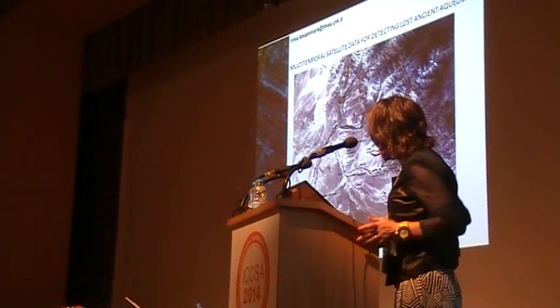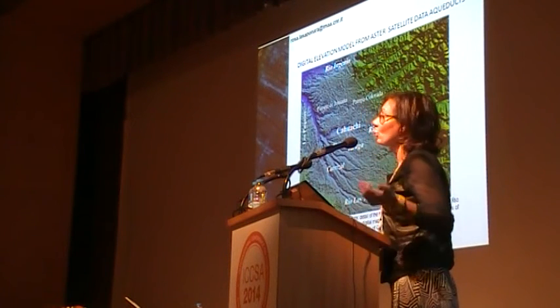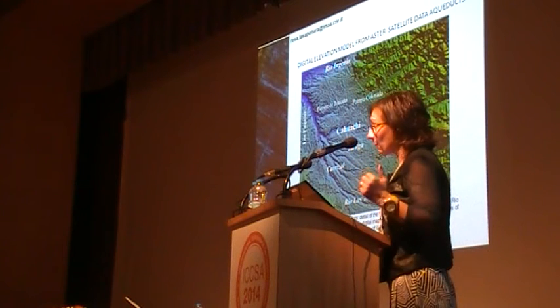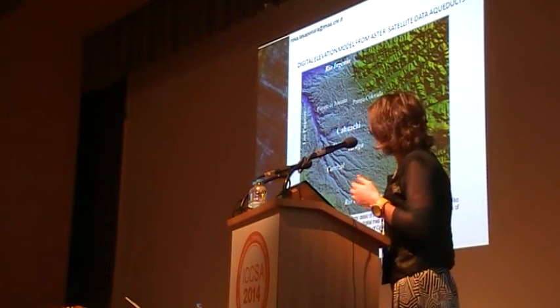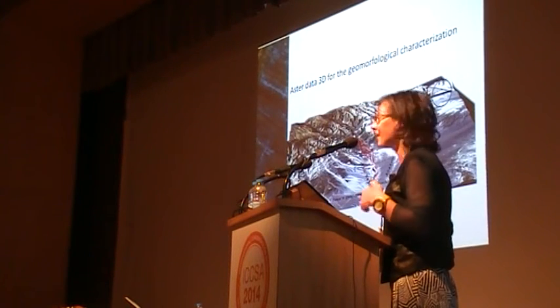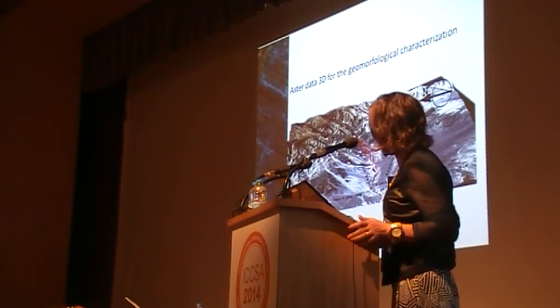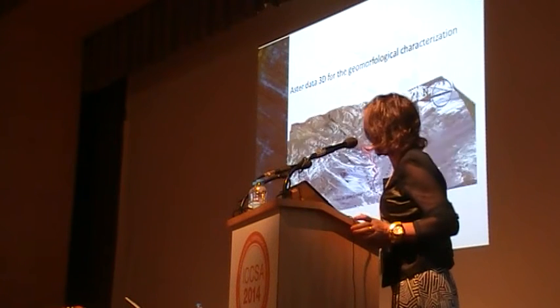This is a very huge area. We can also use DTM, because of course we are speaking about different types of data. This is a DTM obtained from ASTER, and it's really important for this type of investigation, the analysis of the digital terrain model for the geomorphological characterization and not only.